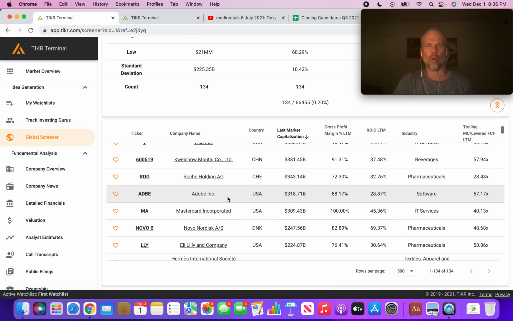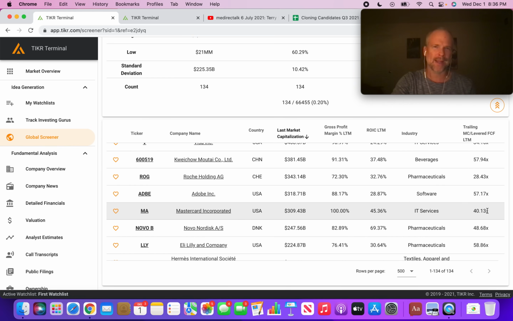Adobe, one of those 1,000 baggers that I came across in the study that I was looking for. Over the last 40 years, what companies have returned 1,000 times from their lows? Adobe was one of those. You've got MasterCard, which was just a hair over that previous cutoff of 40x.